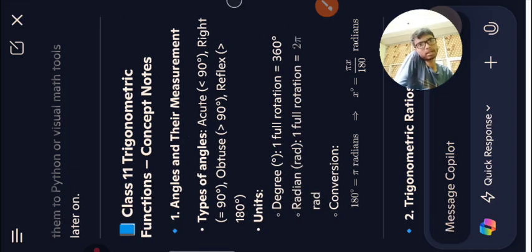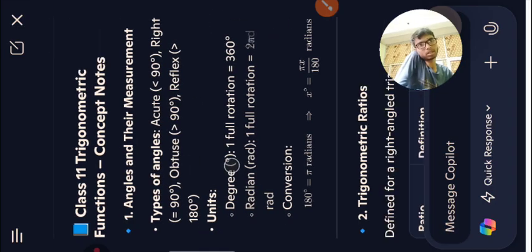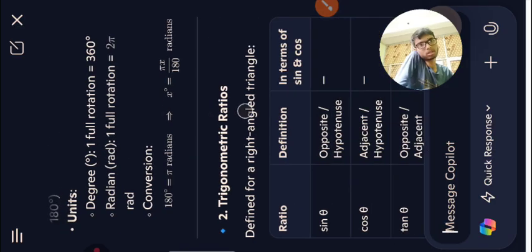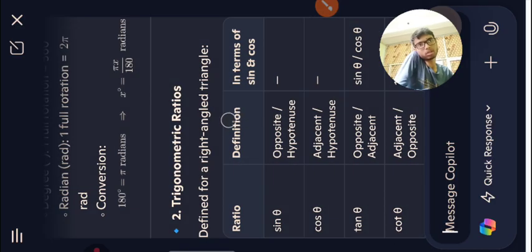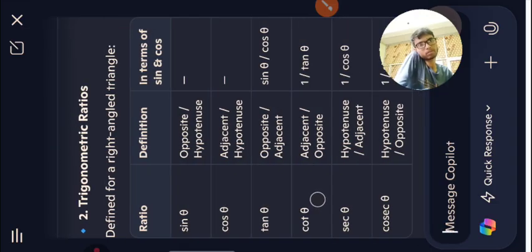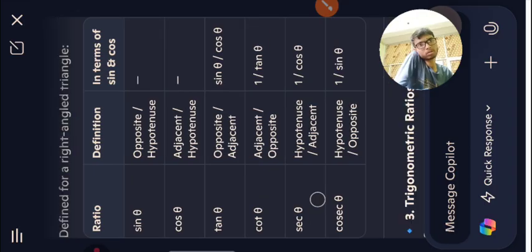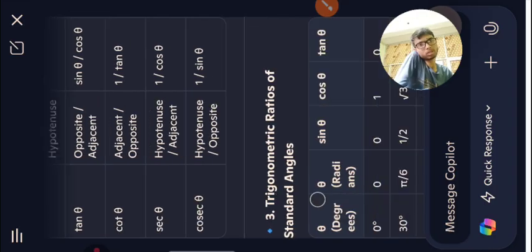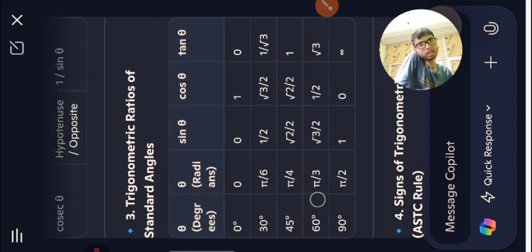First, angles and their measurement. We are crystal clear about it. Then we have trigonometric functions. We know this. Okay. Then we have formulas. We already know, it is in pi radian.